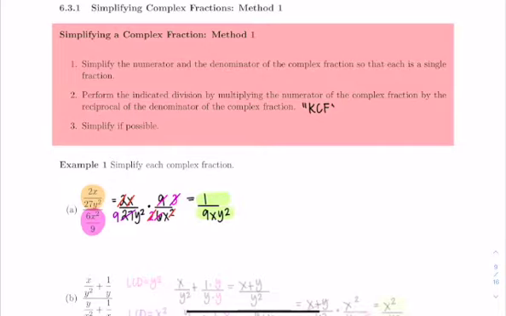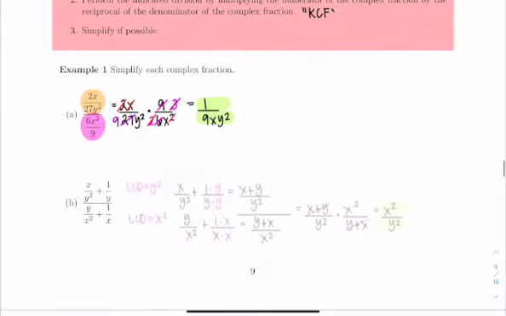Let's look at the second example. We have x over y squared plus 1 over y divided by y over x squared plus 1 over x. We need to make the numerator and denominator a single fraction so that we can use keep, change, flip. So looking at the top portion, my LCD here is going to be y squared. The first fraction already has the y squared in the denominator, so we don't have to change anything about this one.